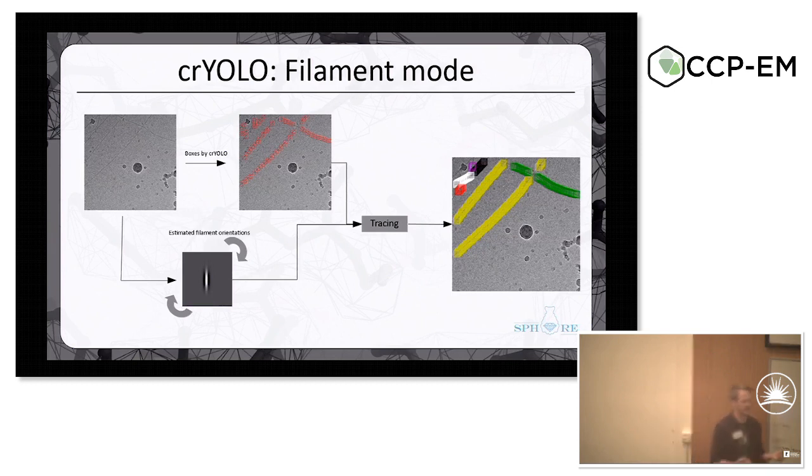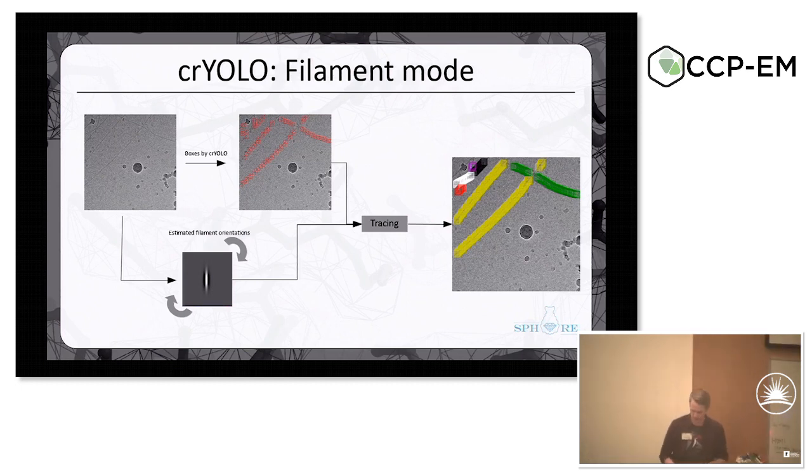In principle, we hacked crYOLO because right now it's not able to directly predict the elongated boxes for filaments. What we did is we convolved the input image with the mask shown here and we rotate this mask, and where we get the highest response is the direction of the filament, and then we trace the boxes along this direction using the picked boxes of crYOLO as support points, in principle.